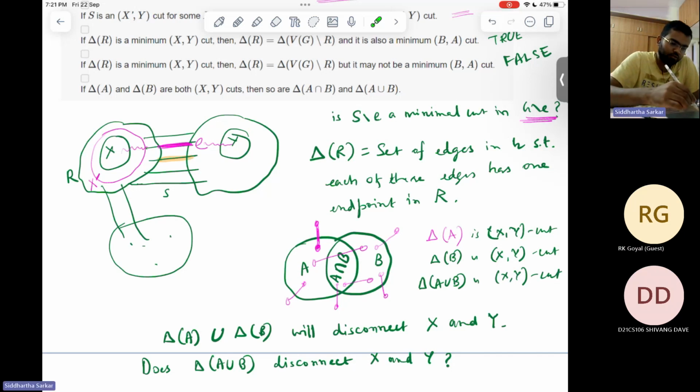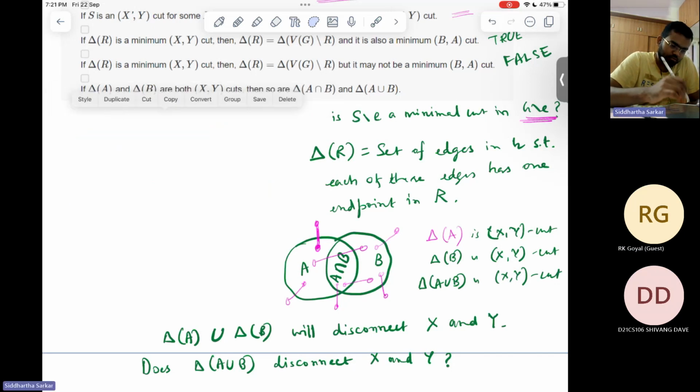So, let's try to visualize things with a diagram. A is able to disconnect x from y, that is given to us.